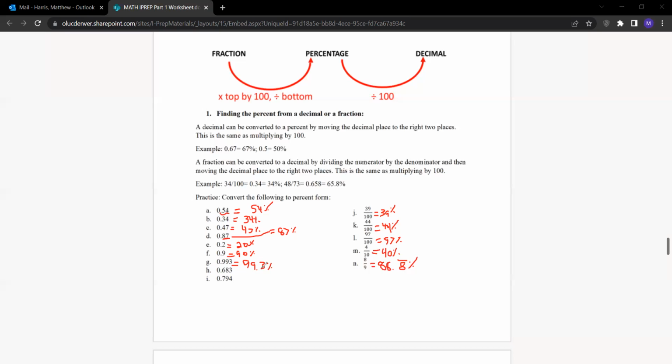You can definitely have decimals in your percentages, as you can see up here, which makes it a little bit more interesting. For H, 0.683 times 100 is 68.3. 68.3%. And this last one, 79.4. So there's that for you.